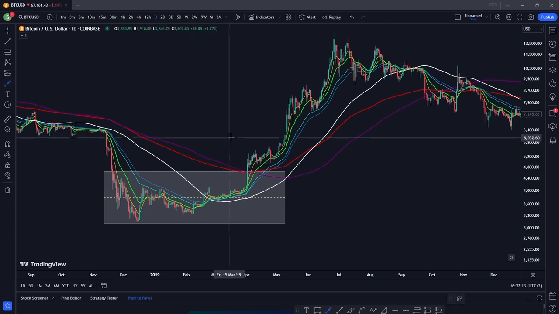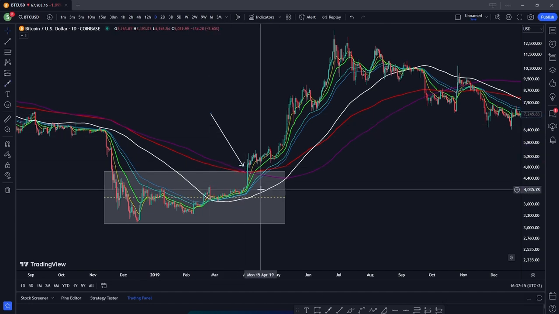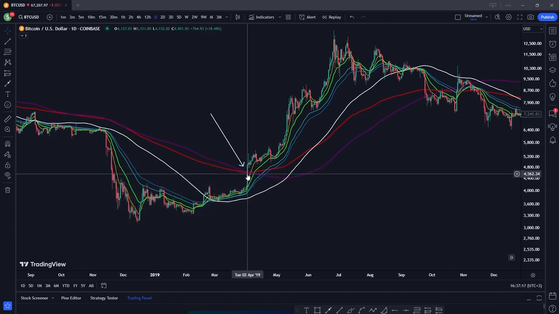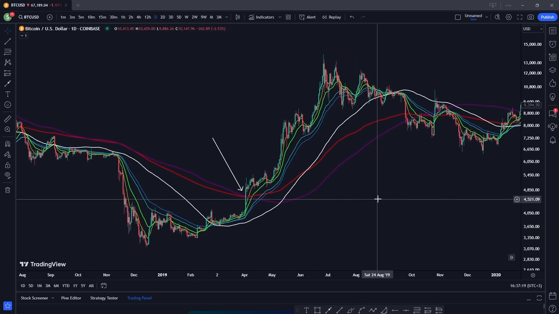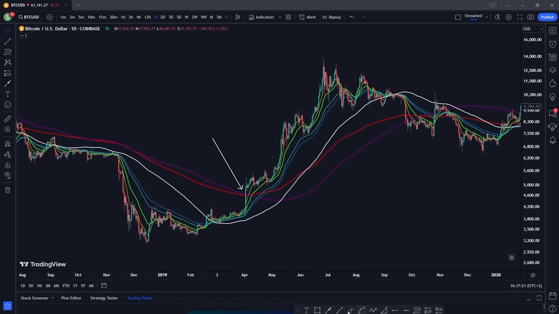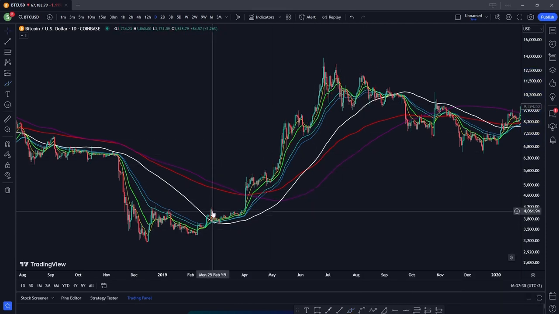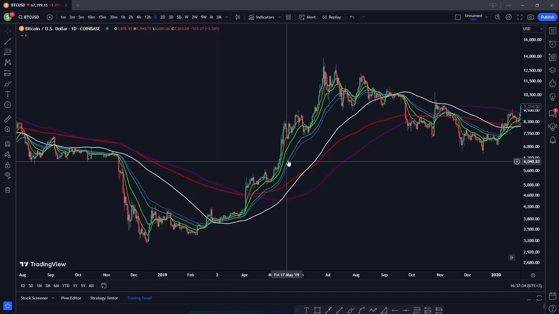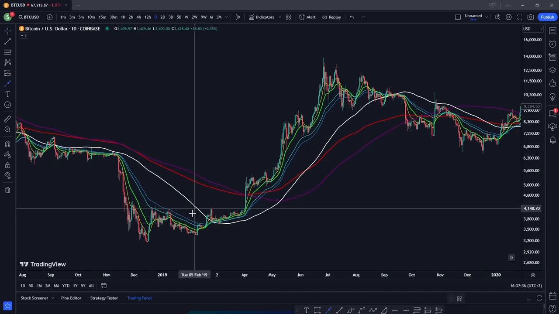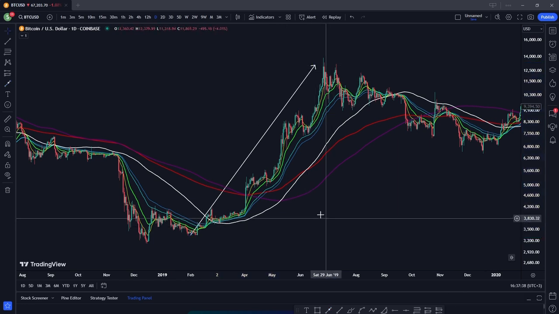But once the price breaks above the daily 200, you see the bull market starts. So the moving averages become very spread. You see they're like here they diverge. So here they were very close to each other.